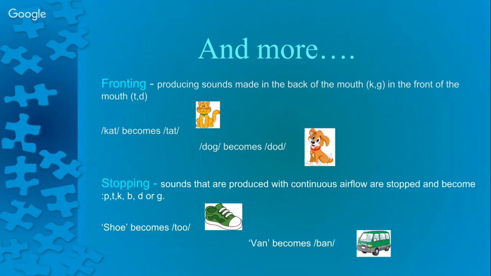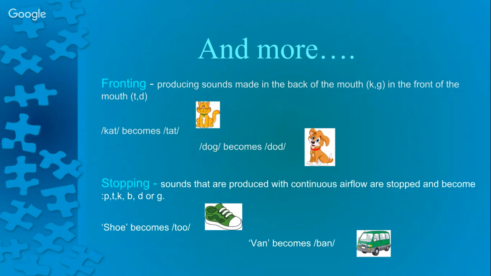And children, instead of producing the continuous airflow, make it stop. In fact, they stop it with phonemes that are called stops. P, T, K, B, D, G. When we describe them, stops is the term that we use to describe P, T, K, B, D, and G.